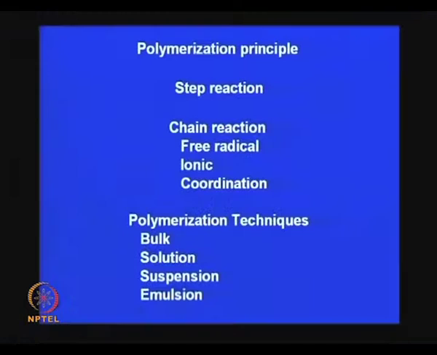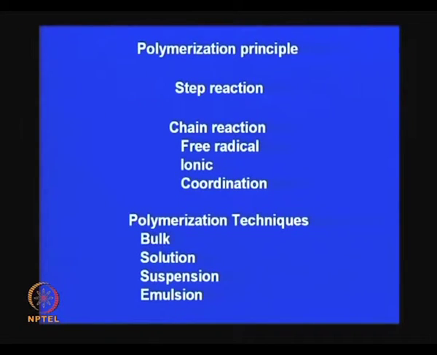All right. The polymerization principle you know already. The step reaction principle, I have explained, because these polymers are synthesized involving reaction between a carboxyl group and a hydroxyl group, or a carboxyl group and an amine group, leading to an ester or amide group.